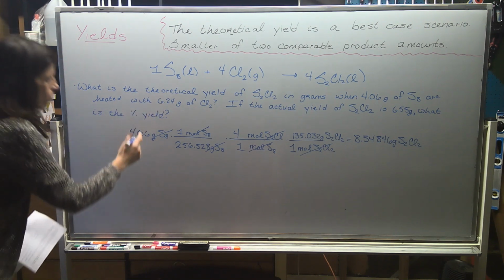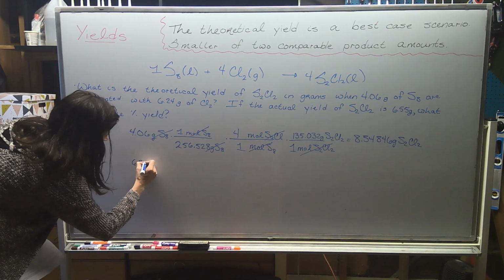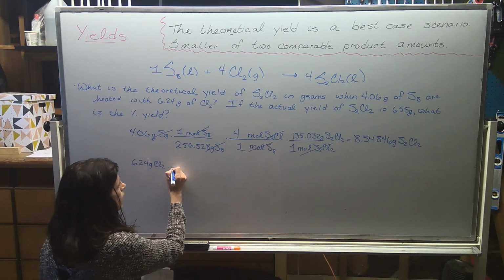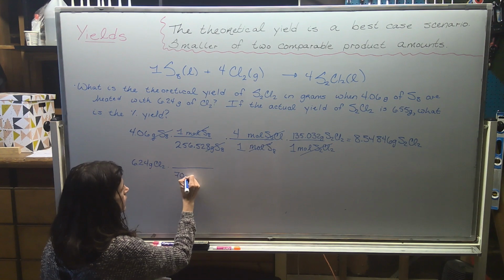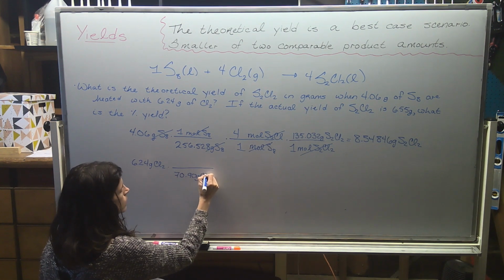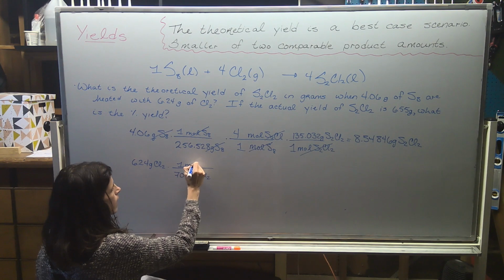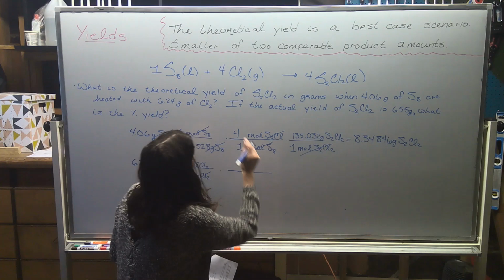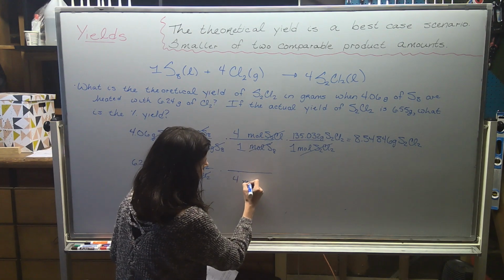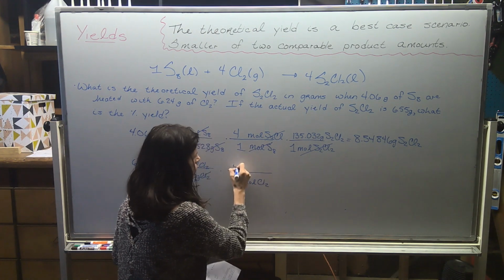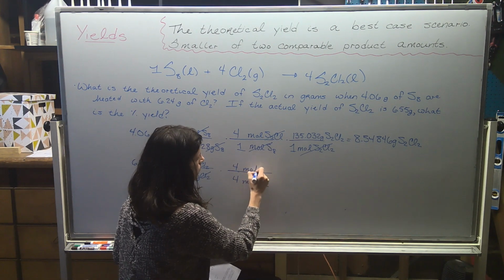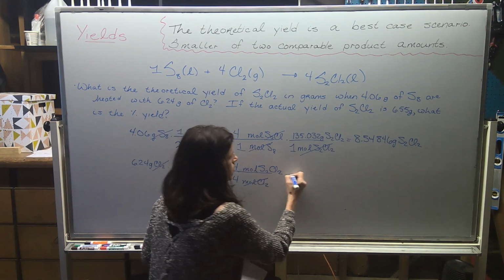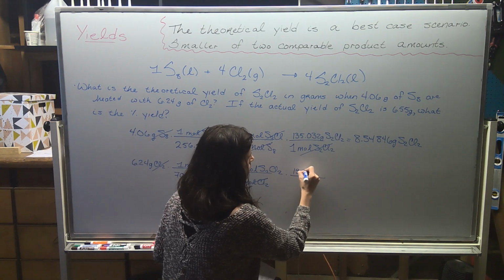Now I'm going to grab the quantity of the second reactant. The diatomic chlorine came at 70.90 grams, and that's for 1 mole of that. Now I need to get rid of moles of chlorine. There's a 4, and there's a 4 with the product. And then I'm going to use the molar mass of the product.